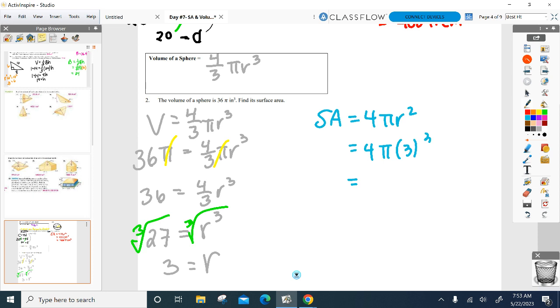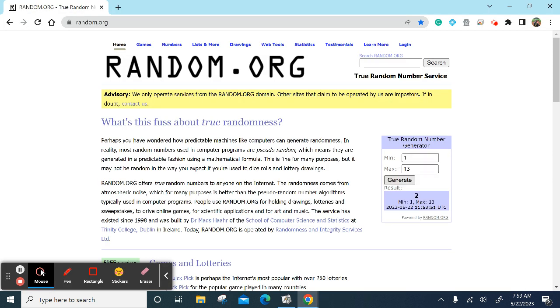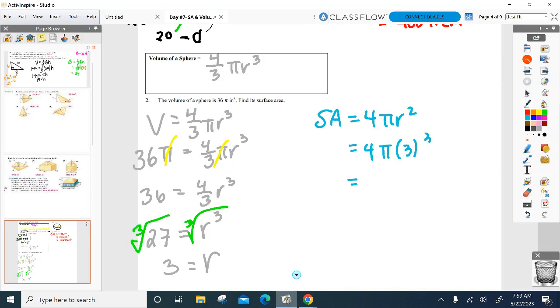What's the surface area? 4 pi times 3 squared, right? So I got to do 4 times 3 squared. 36. 36 pi.